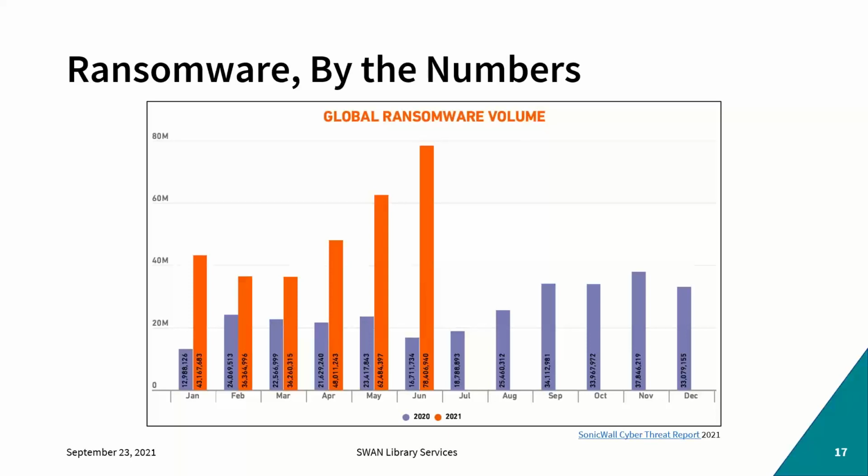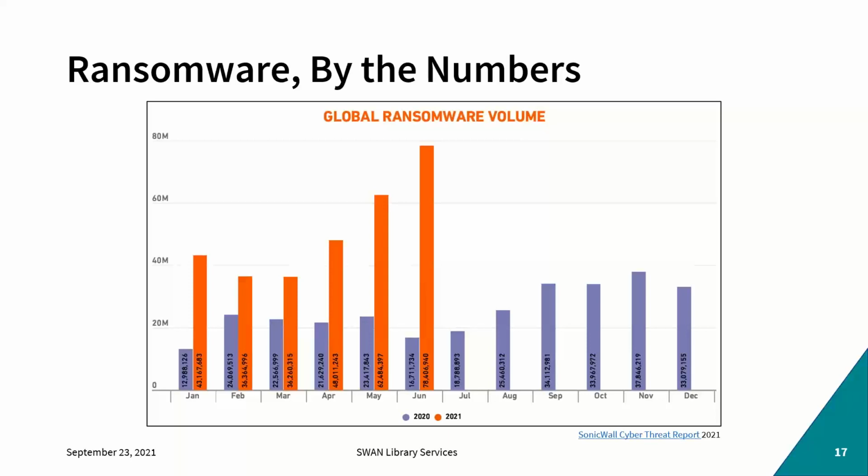The graph here illustrates nearly 80 million documented ransomware attempts in June 2021 alone. That's immense. This all comes from a SonicWall cyber threat report. They release these every few months, and this was the mid-year 2021 report. I have a link to that source in the PowerPoint presentation if you'd like to check it out. There's a lot of great information in there, with statistics about how this is affecting everyone.